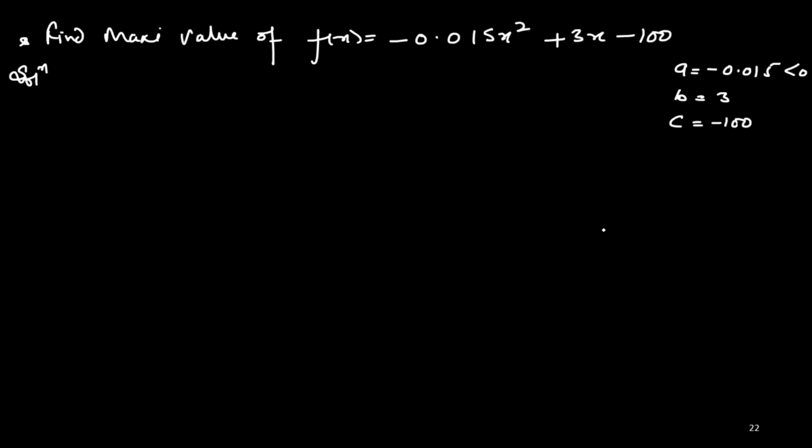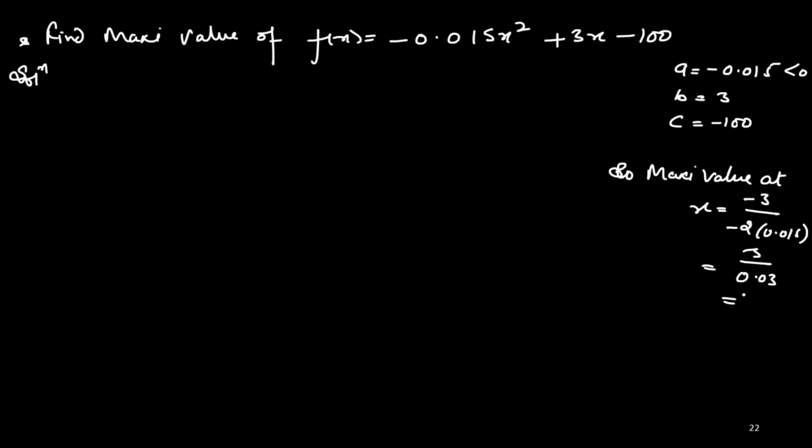Since a is negative, we have a maximum value. So the maximum value is at x equals, what's the formula? Minus b by 2a. Twice of 0.015. If we simplify this, 3 upon 0.03, which equals 100.